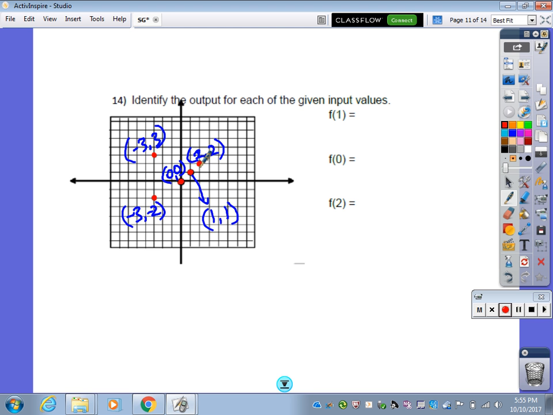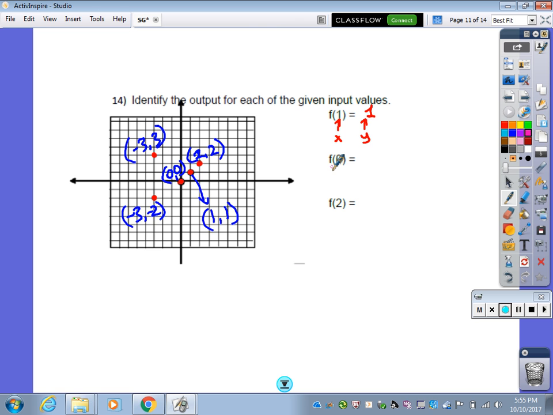After listing each of the coordinates, it will be easy to find the corresponding values for f of 1. F of 1 means what's the y value when x is given as 1. I'll look at my list of numbers. When x is 1, y value is going to be 1 as well. So I'll put 1 as my answer.